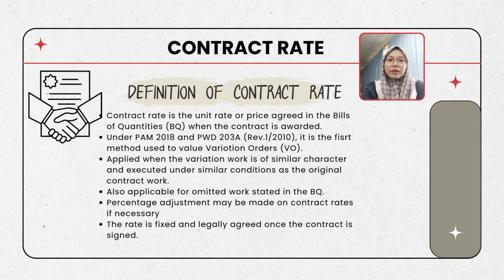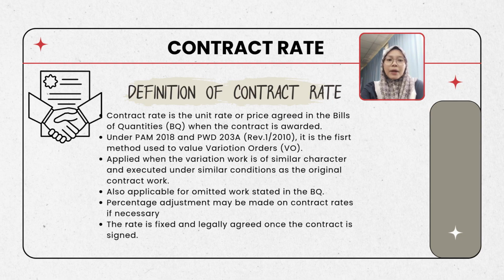This rate is recorded in the bill of quantities or BQ before the contract is signed. Since both parties have already accepted the price, the contract rate becomes legally binding and cannot simply be changed.